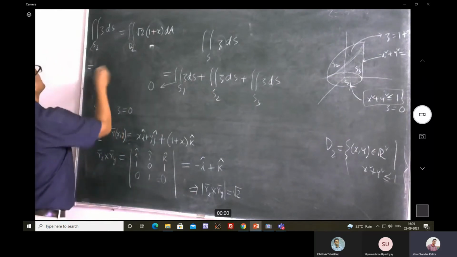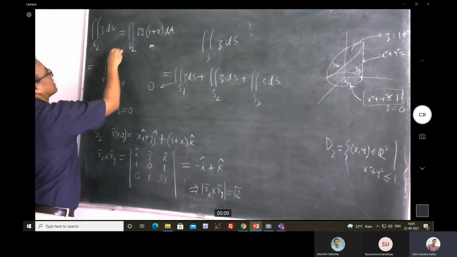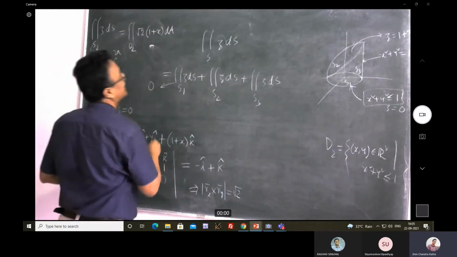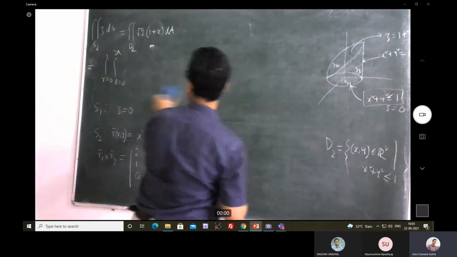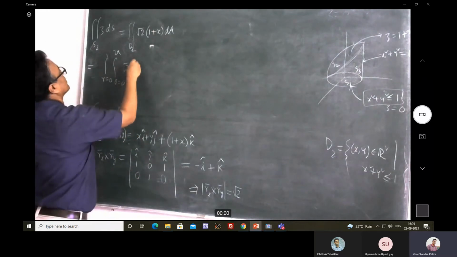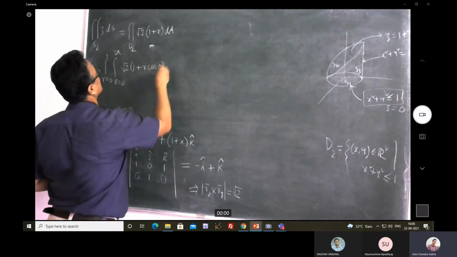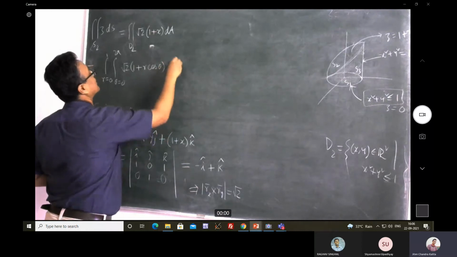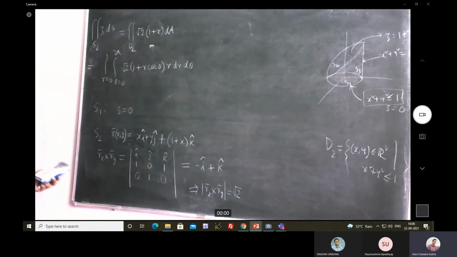So r goes from 0 to 1, theta goes from 0 to 2 pi, and then square root 2 times (1 plus r cos theta) r dr d theta, and you know how to integrate it.